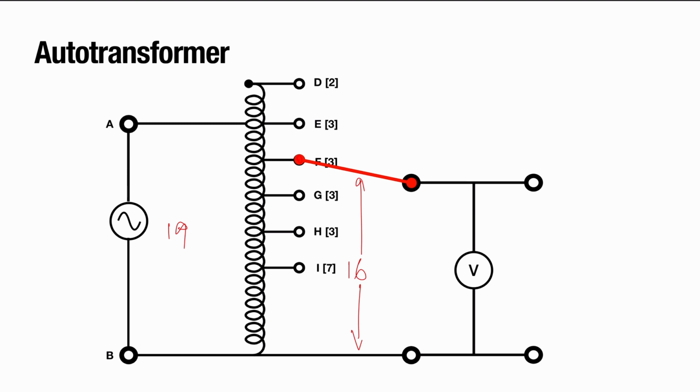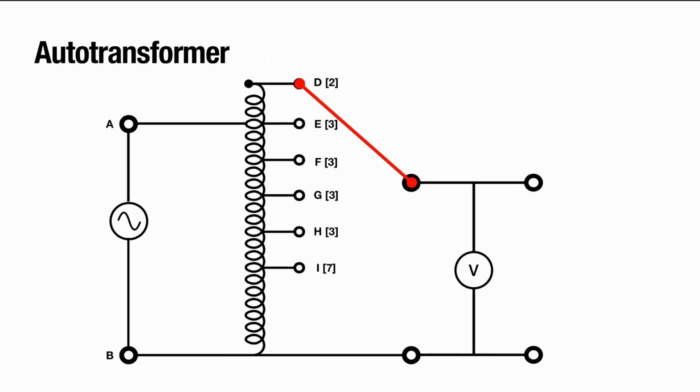Notice, how do the number of windings compare from the secondary to the primary? Well, these are still less than these. So this autotransformer still works as a step-down transformer because the number of windings on the secondary is less than the number of windings on the primary.